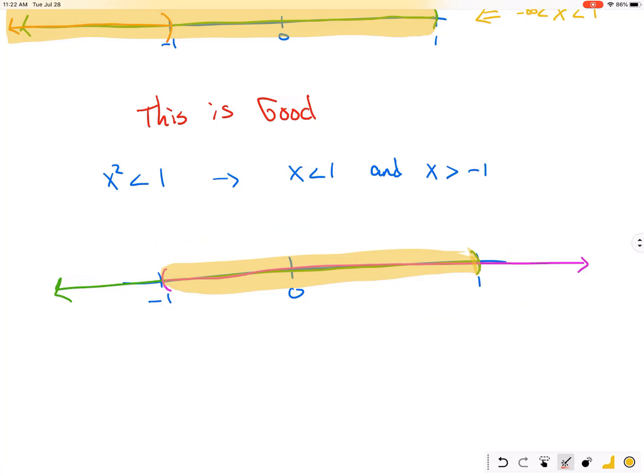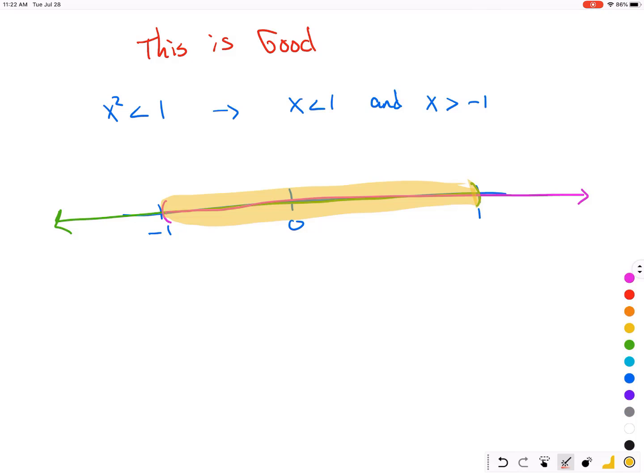So when we're using equality, we're talking about or. When we're using inequalities, we're talking about and. These are different things, much different things. And also the direction of the inequality switched. So if I write out this statement algebraically, x squared less than 1, algebraically that is x lies between minus 1 and 1.